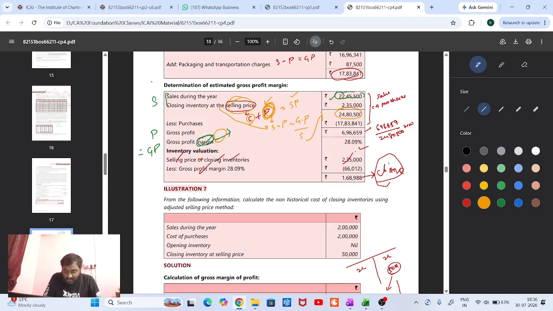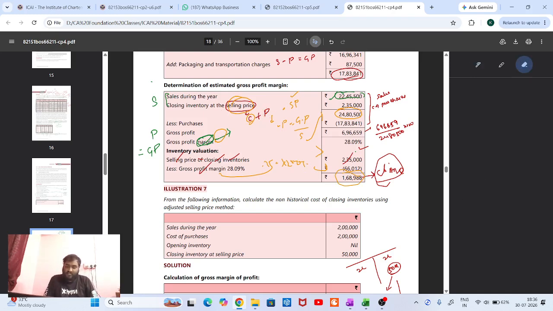So the cost of closing inventory is the selling price 2.35 lakh minus gross profit margin, 2.35 lakh into 28.09%. If you do this, you get 66,001. This is the value. You have understood this.